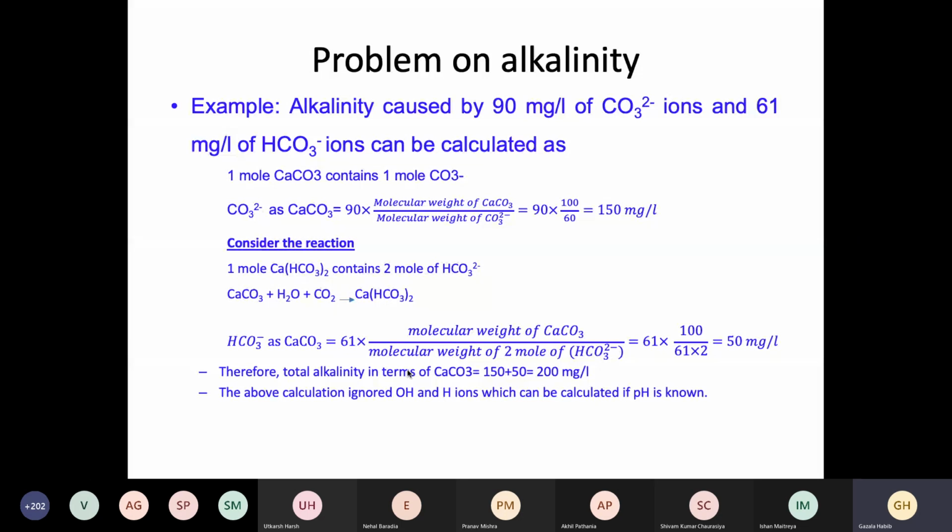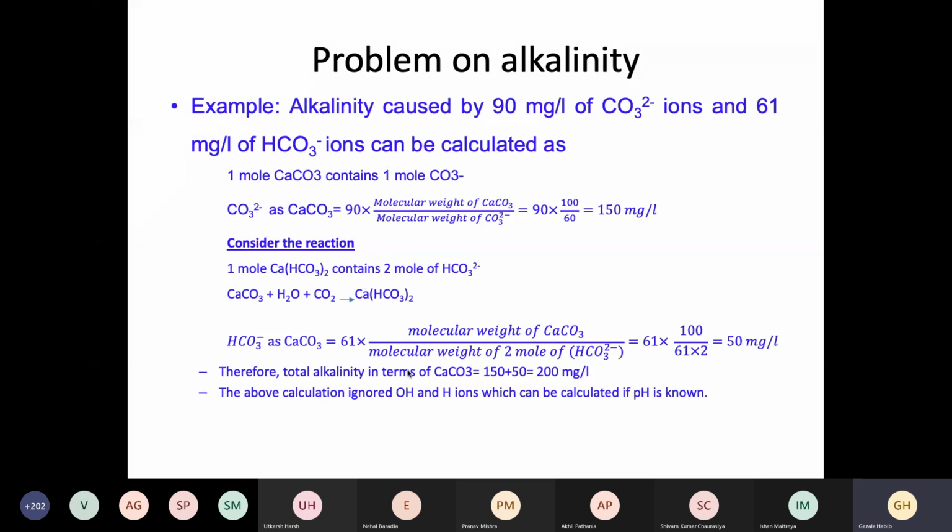Alkalinity caused by, so the example is saying the alkalinity caused by 90 mg per liter of CO3 2 minus, means carbonate ions, and 61 mg per liter of bicarbonate ion can be calculated. When we say that we want to calculate the alkalinity caused by carbonate and bicarbonate ion, it means that we have to convert this amount into equivalent calcium carbonate.